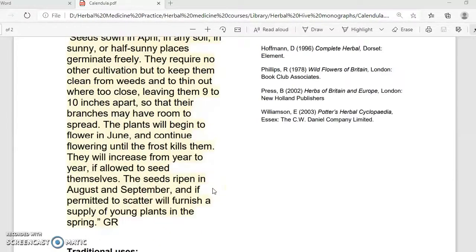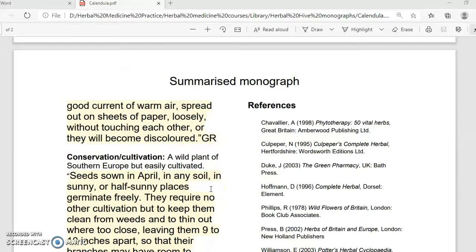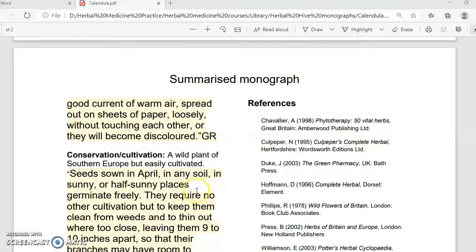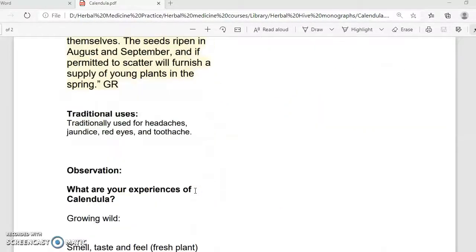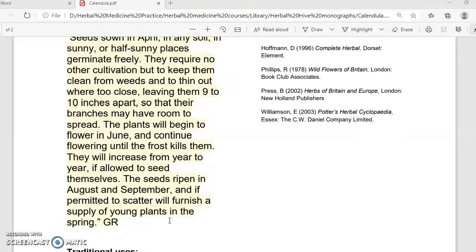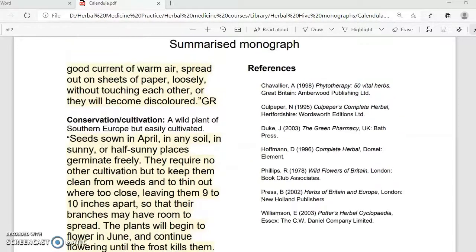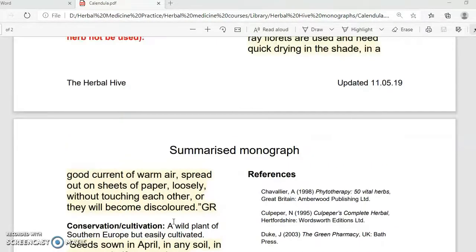Whether that be as a tea and you've got it in the cupboard, or whether it's because you're going to make a cream with it as an infused oil, whatever it is that you're going to make. So you've got that section to be able to bring your own experiences into the monograph. Obviously, you don't have to do that, but I keep a section in my monographs for the user to add to it.